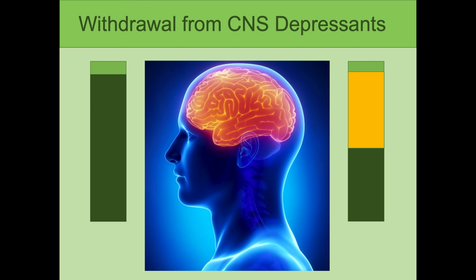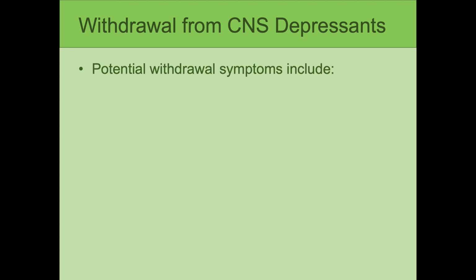So people need to start using more and more of that artificial substance to actually act on the central nervous system in the same way. So what happens when we completely take away that artificial inhibitory neurotransmitter? Well, we have a lot of things that happen.